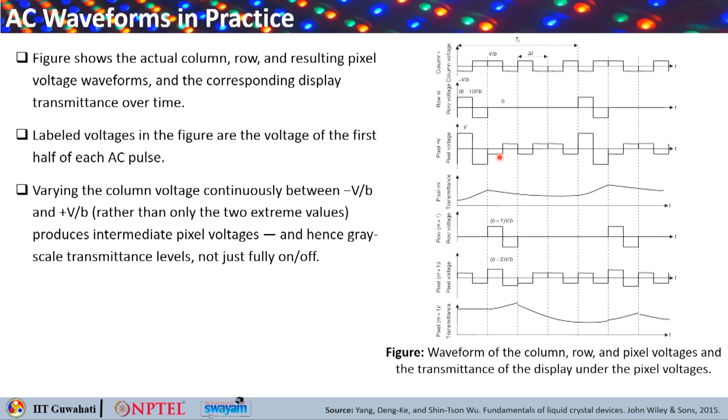But if the column voltage is allowed to vary continuously between, say, minus V over b to plus V over b, rather than simply jumping between these two extremes, you can get the RMS pixel voltages to take a continuum of intermediate values. And this is exactly what real LCDs produce. It can produce smooth grayscale images, not just black and white ones.